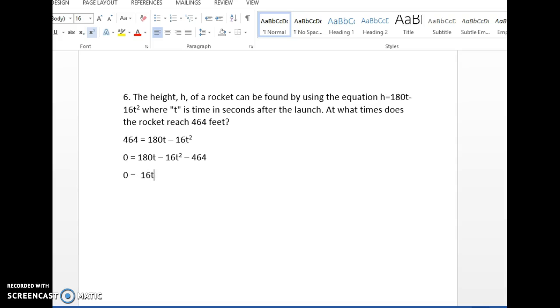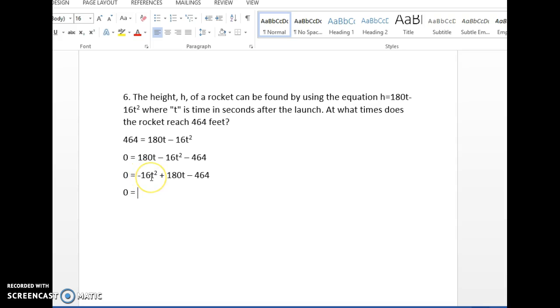So I'll put the negative 16t squared as the first term, and then plus 180t minus 464. And before I go any further, it looks like there might be a greatest common factor. So let's try factoring out something.